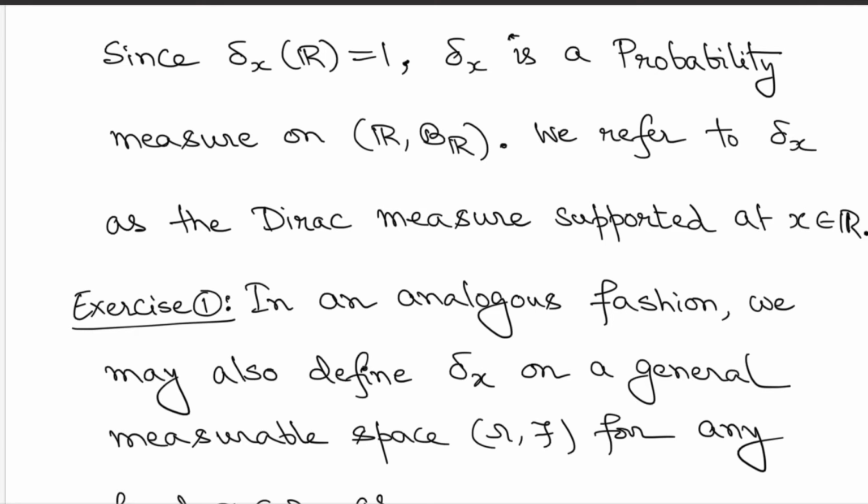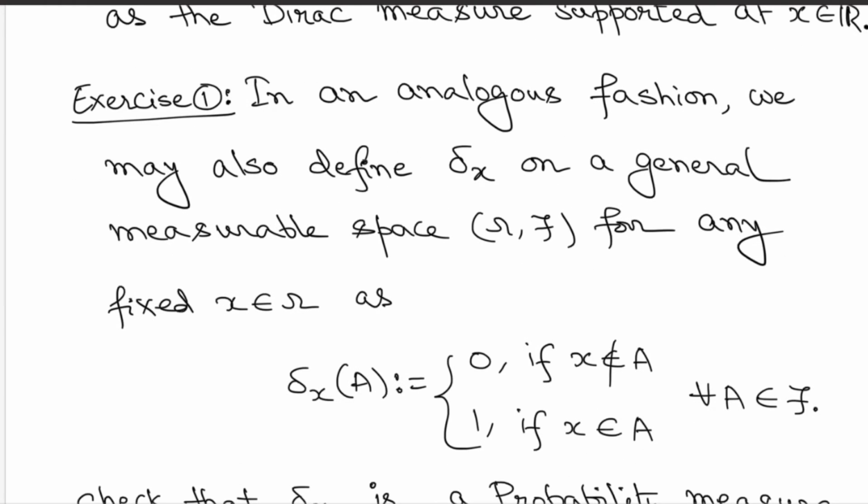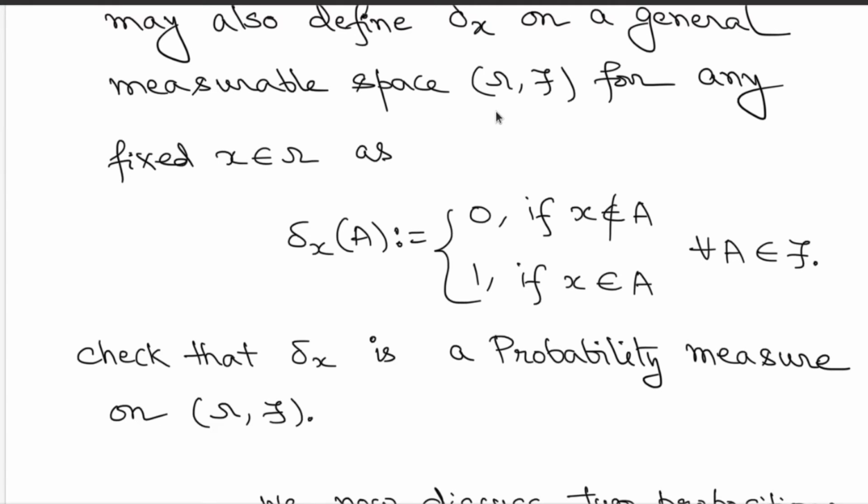Now in an analogous fashion, you can extend these notions of Dirac measures to general measurable spaces. How? All you have to do is start with some non-empty set omega and take a sigma field script F. Then for any fixed small x in your domain, look at this set function Dirac or delta subscript x. For any arbitrary set A coming from the sigma field, you just check whether the point small x is in the set A or not. If it is there, you assign the value 1, otherwise 0, exactly as done before.